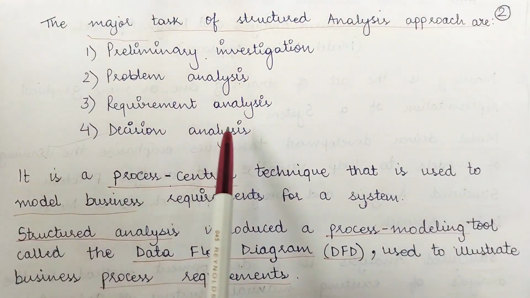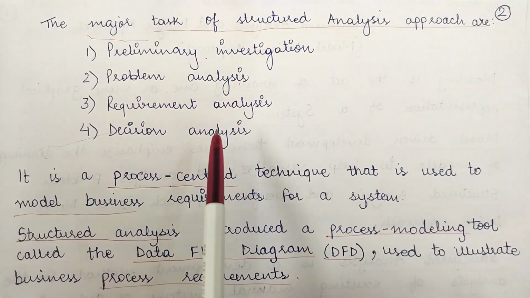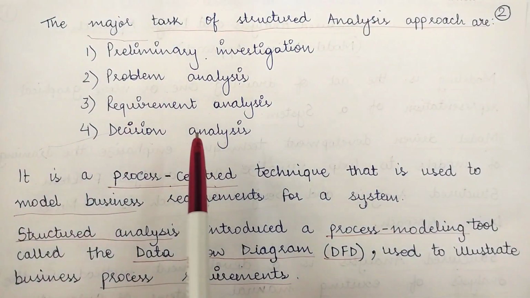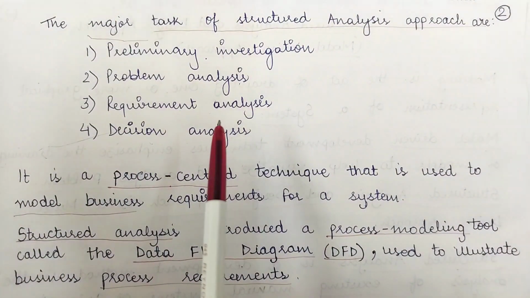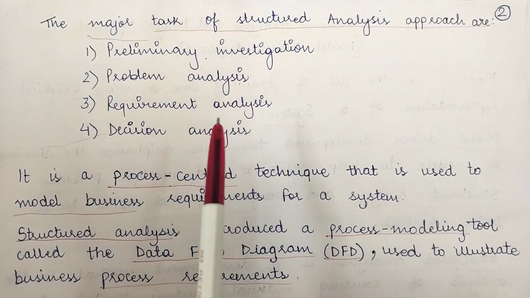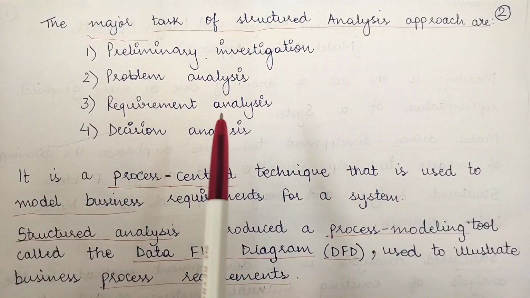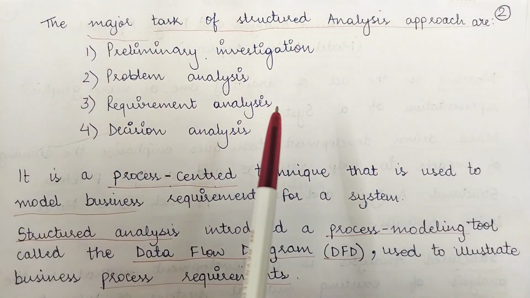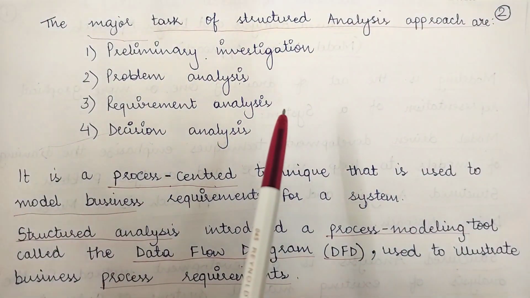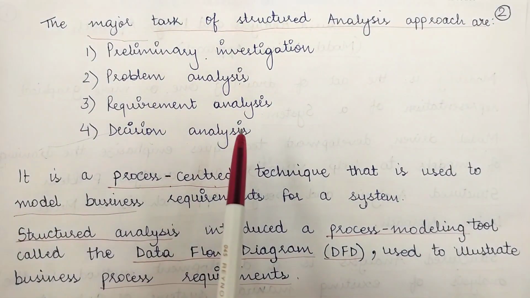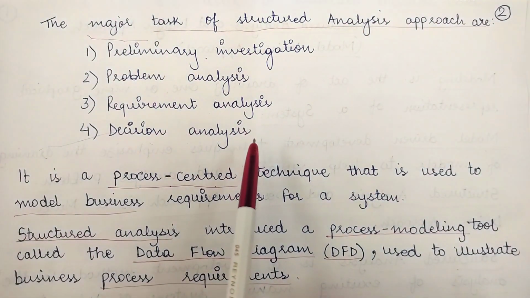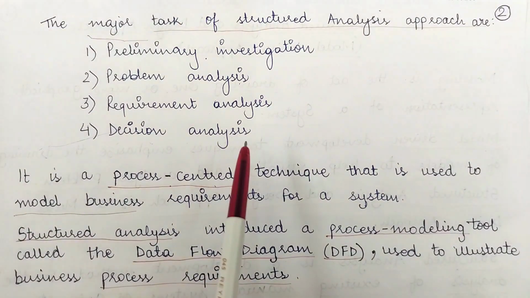In my previous video also, I told you that we do not just go for one solution, but we have several candidate solutions. The system analyst does not look for just a single solution. He looks for several solutions which are known as candidate solutions. Out of all those available solutions, during the decision analysis phase, the system analyst would select the most optimal solution for the proposed system.